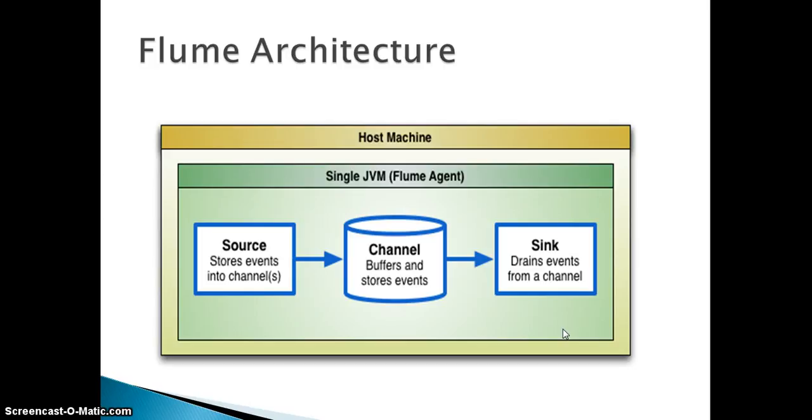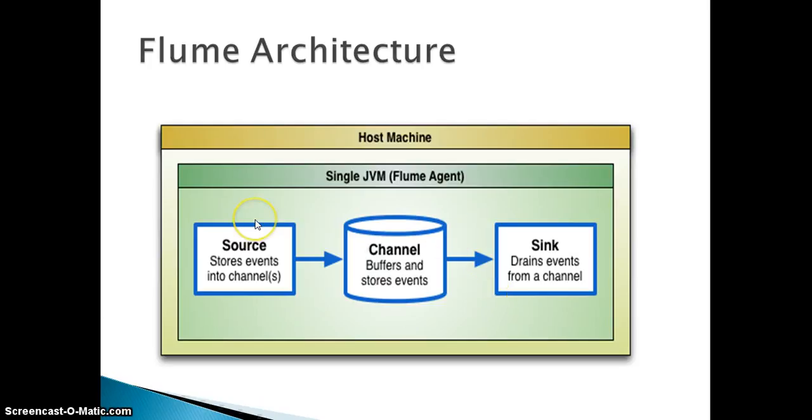And one more important thing that has to be considered here is the agent. When I say an agent, it is a physical JVM, a Java virtual machine, running. Any physical JVM running Flume is called an agent. I would say it's a collection of source, sink and channels.